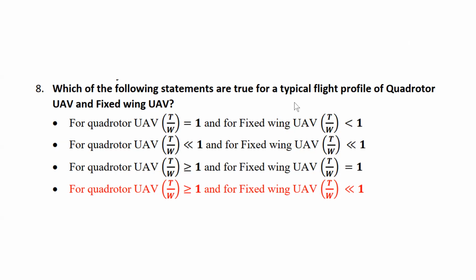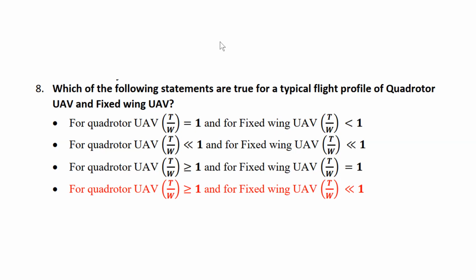No, wait. I'm reading the chat. Some answers have come from the climb formula. If angle of climb is 90, then lift is greater than weight. That's fine, but we are talking about thrust to weight ratio. For FW, I don't know what FW means.